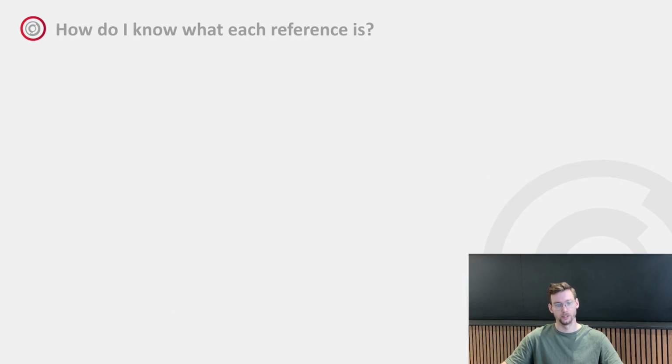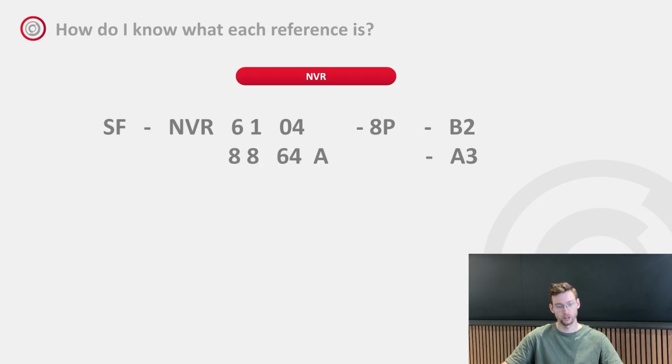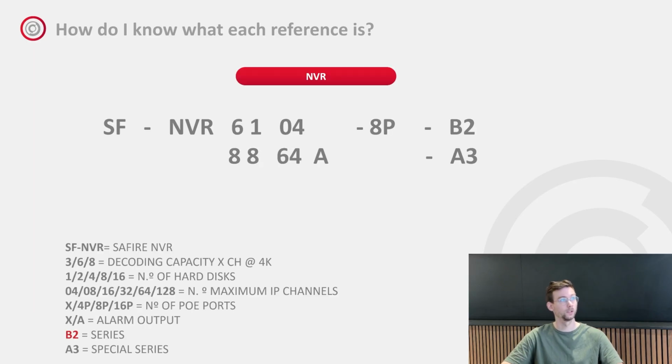Good. Then we're going to do the same now with the NVRs. How to identify the NVRs. Pretty simple as well. Obviously, the SF is for Safire or Safire Smart. Then the first couple of letters is the decoding capacity in channels.